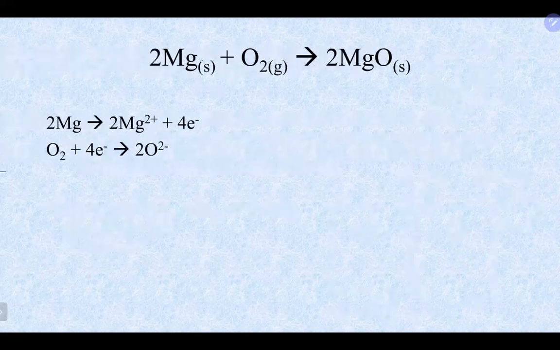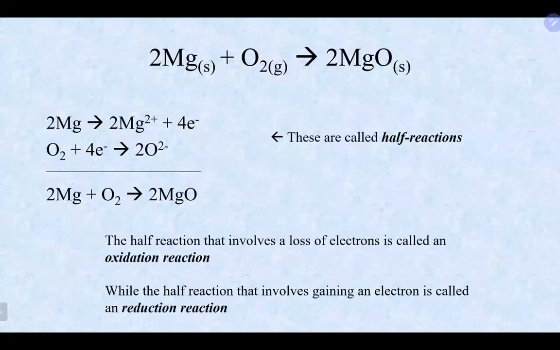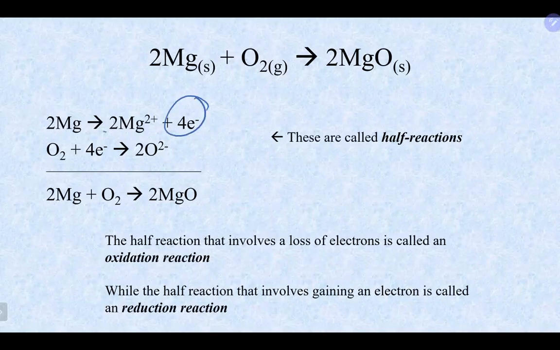All right, so here's our half reaction for our magnesium oxide. And again, as I mentioned before, one is an oxidation half reaction where we are losing electrons, and obviously one is a reduction half reaction where we are definitely gaining electrons here.